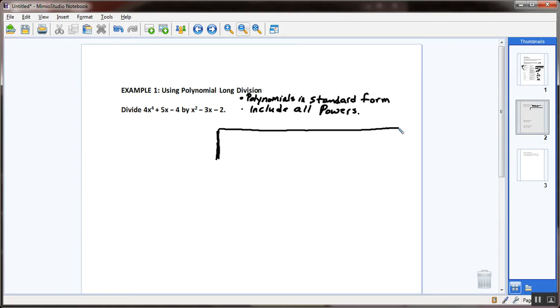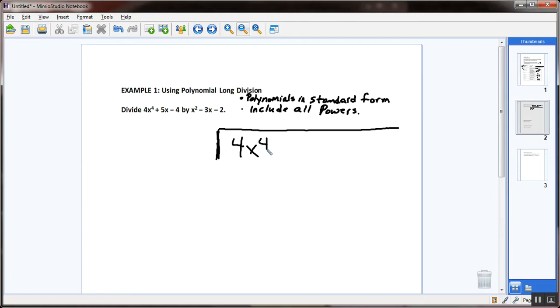What's going underneath the division symbol? 4x to the what? 4. Okay, we all agree that 4 in this dividend right here is the highest power? Okay, so I'm going to put in here 4x to the fourth first, kids. But I have to make sure I write stuff in standard form, and I also have to make sure I include exponents from 4 all the way down to 0.